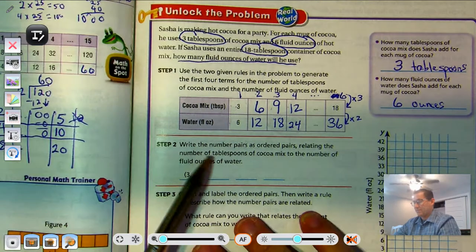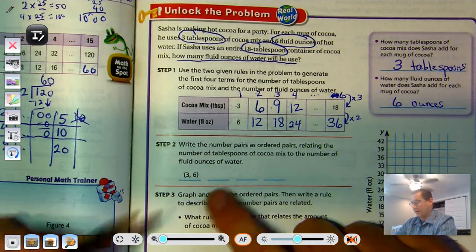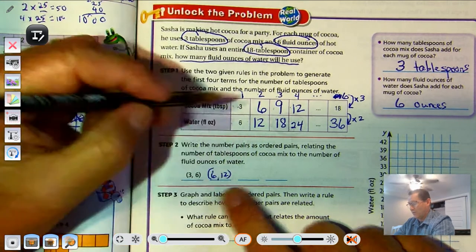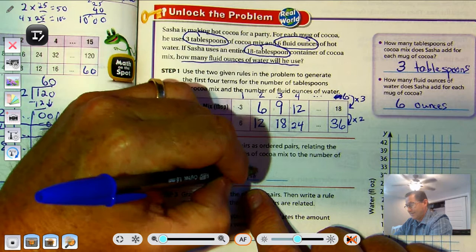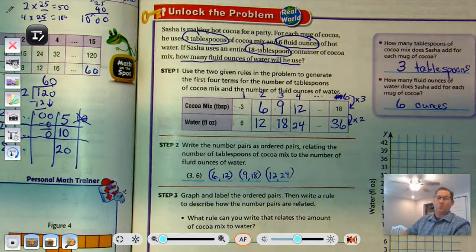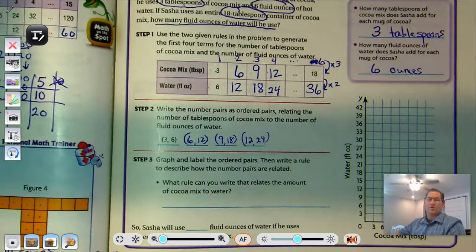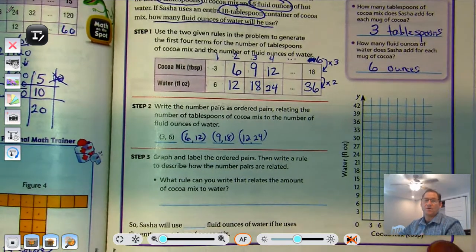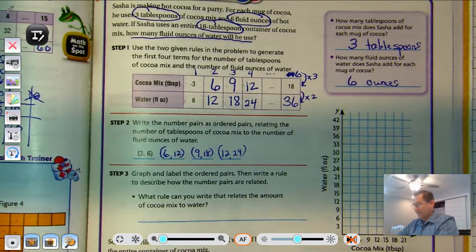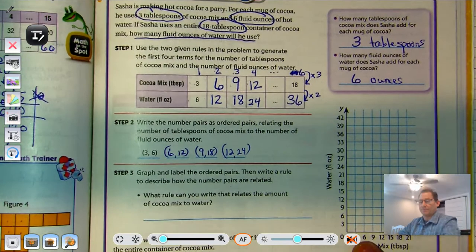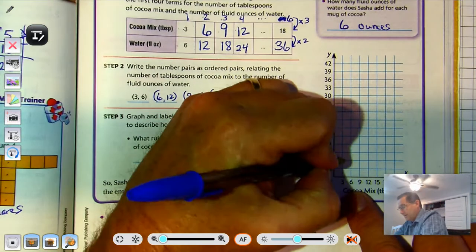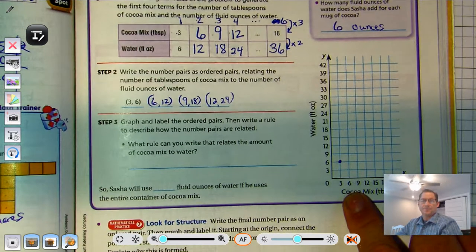All right, so now write the number pairs as ordered pairs. So we have 3, 6, 6, 12, 9, 18, 12, 24, and so on, right? All right, now we're going to graph and label those ordered pairs. Then we're going to write a rule to describe how the number pairs are related. All right, so 3, 6: over 3, up 6.